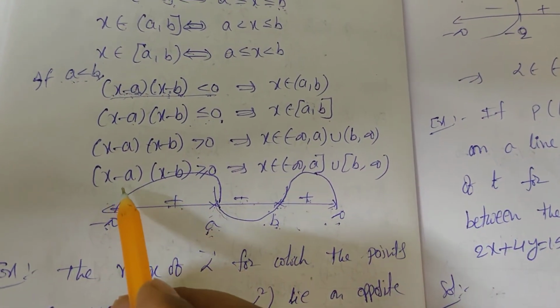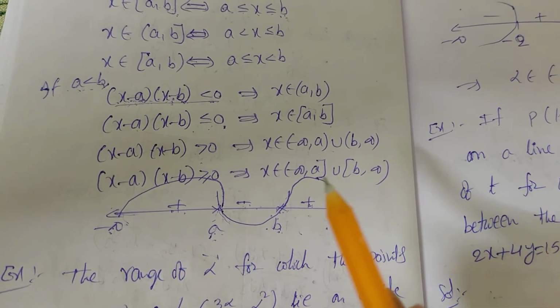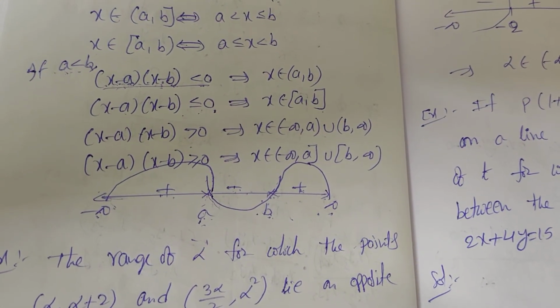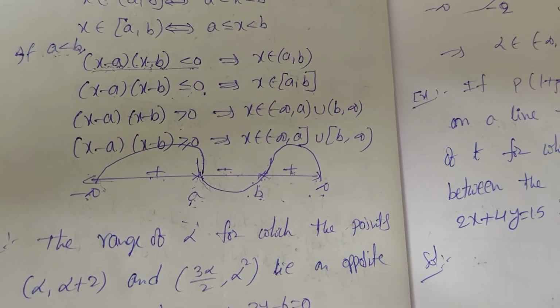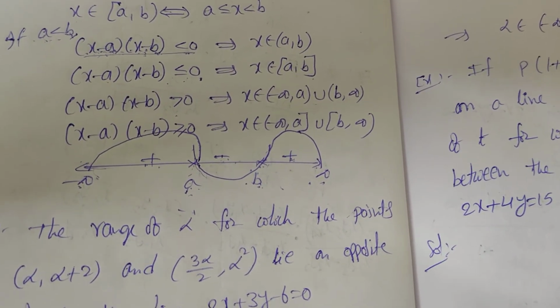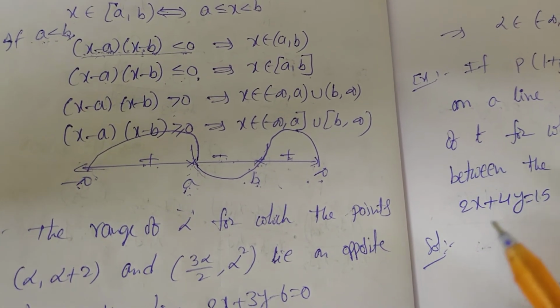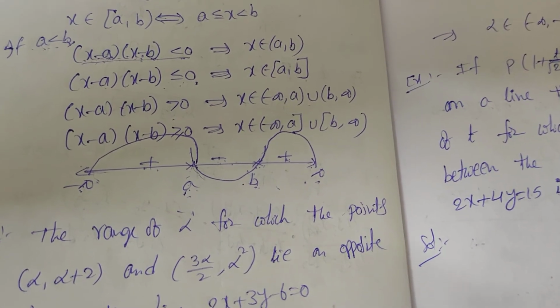Similarly, if (x - a)(x - b) ≥ 0, the equal symbol means we have to use a closed bracket, extremes also included. But at infinity, don't use closed brackets, because we cannot say the exact infinite value. So at infinity, whether or not there is an equal symbol, we take an open bracket only.